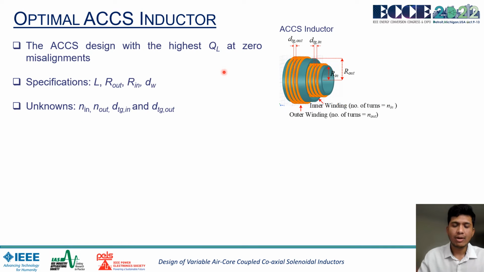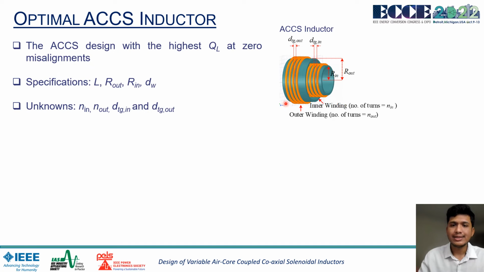To design an optimal ECCS inductor, we have to understand that the ECCS design with highest Q at zero misalignment will be the best design. It is because the nominal design has minimum quality factor at zero misalignment. For a specified inductance value, outer and inner radius and wire diameter, the unknowns are the number of turns and turn gaps.